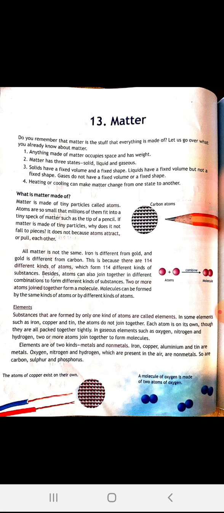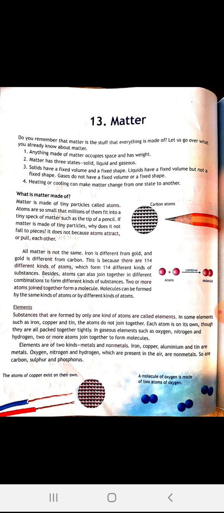Elements are of basically two kinds, metals and non-metals. Iron, copper, aluminium and tin are metals, and oxygen, nitrogen and hydrogen, which are present in the air, are called non-metals. Carbon, sulfur and phosphorus also. Atoms of copper exist on their own. A molecule of oxygen is made of two atoms of oxygen.